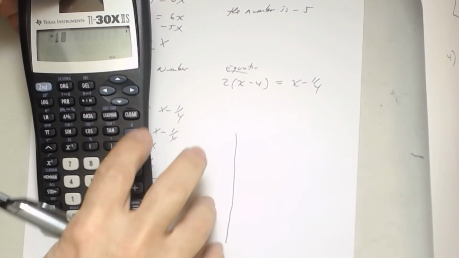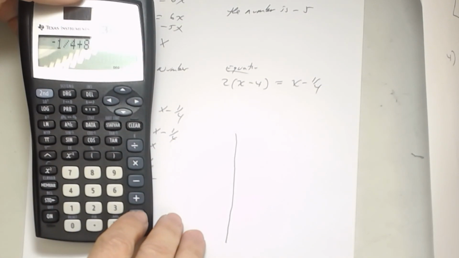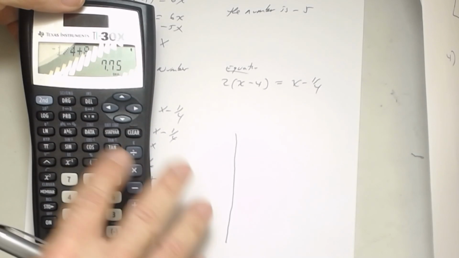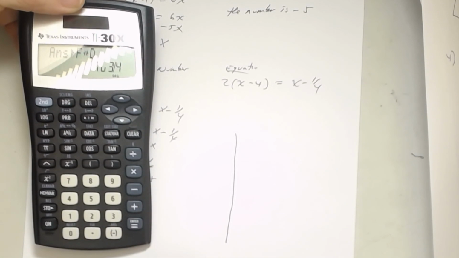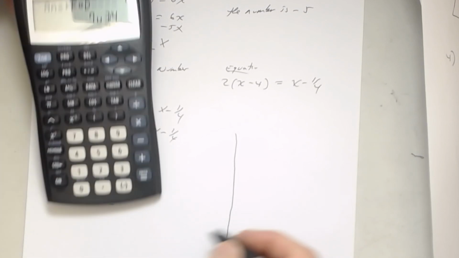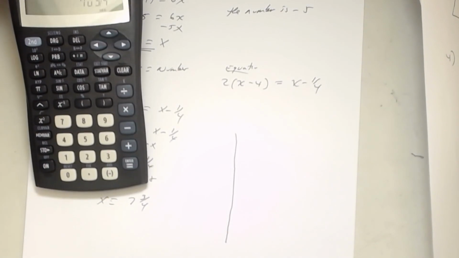So negative 1 divided by 4 plus 8, equals, and you get that decimal. So you press second PRB, press equal, and there's your mixed number. So it's 7 3/4.